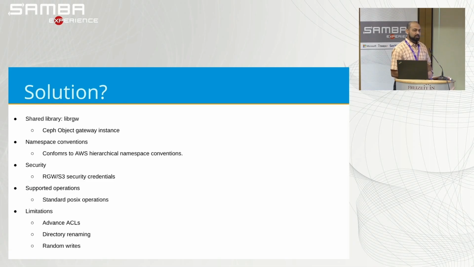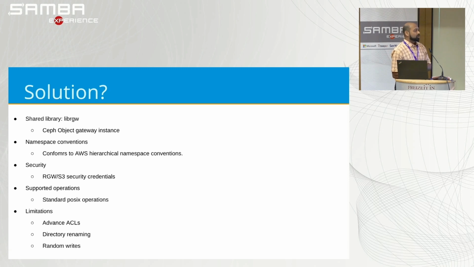So how do we provide this? By means of librgw. What is librgw? Librgw is basically a full-fledged Ceph object gateway instance. It's a loadable library, so whenever we initialize this library, it actually starts a full-fledged instance, which talks with the underlying cluster and gives us APIs, also known as RGW file.